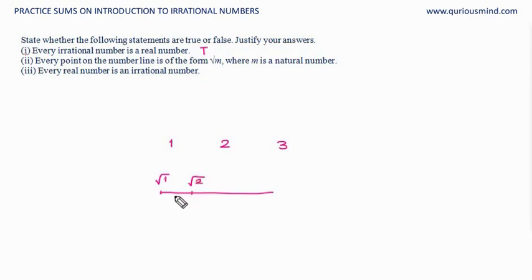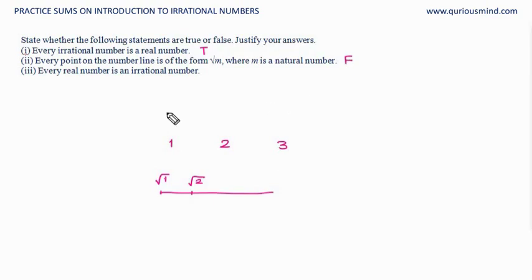But there are so many numbers in between. We know that there are infinitely many numbers between any two rational or irrational numbers. And so we cannot say that every point on the number line is in the form of root m, where m is a natural number, because these are a definite number of points. And between them there are infinitely many rational and irrational numbers. And hence this is false.